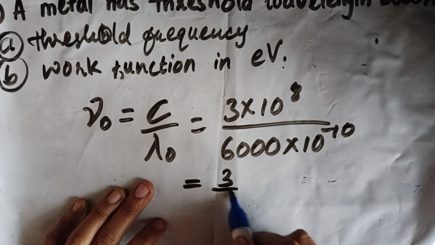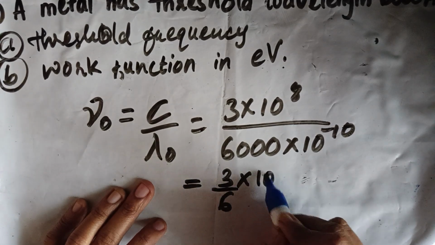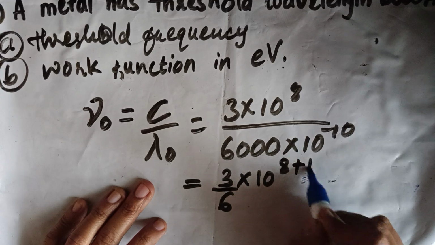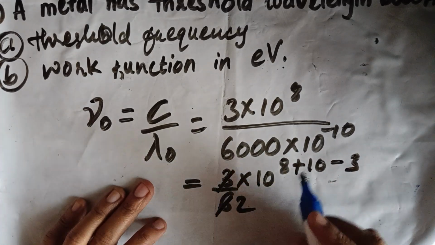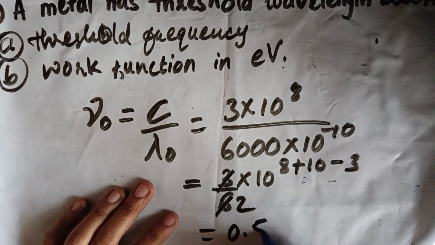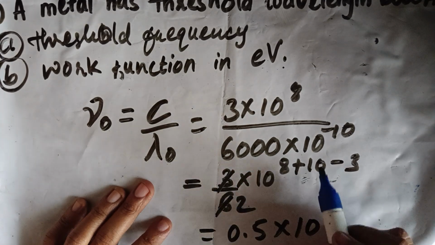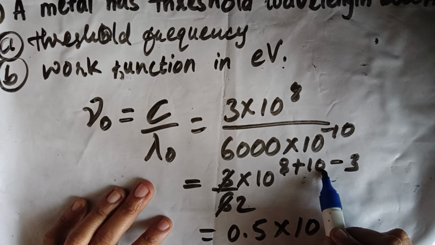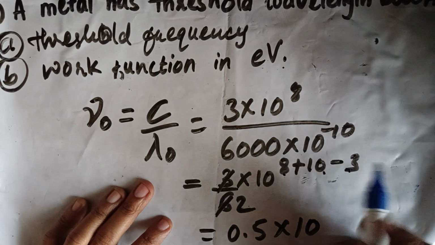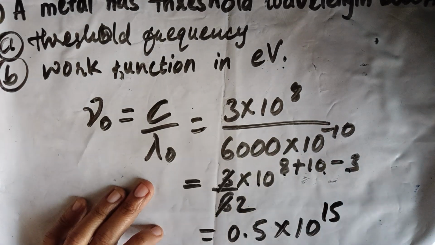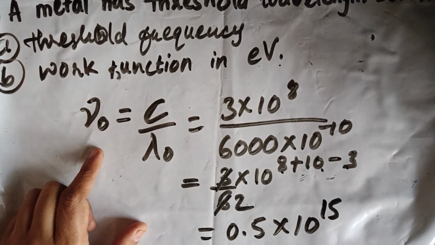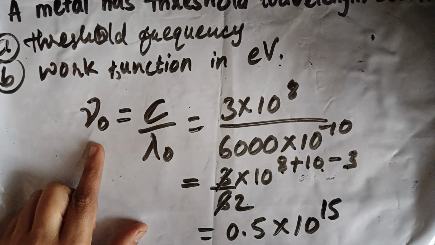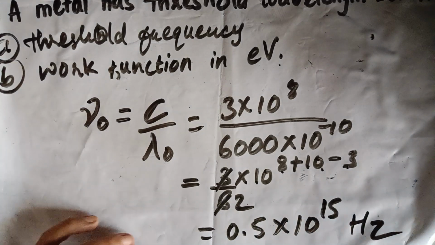So 3 by 6 into 10 raised to 8 plus 10 minus 3, half. So 0.5 into 10 raised to 18 minus 3, so 5 into 10 raised to 14. This is our threshold frequency. Frequency means it's in hertz.